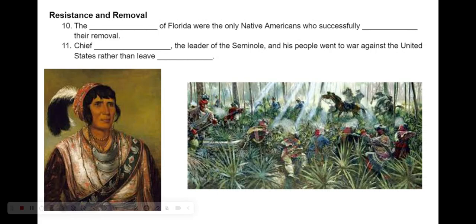So, resistance to the removal. The Seminoles of Florida were the only Native Americans who successfully resisted their forced removal, and thus were able to stay. Their leader, a man named Osceola, led the Seminoles and his people to war against the United States rather than leave their home state of Florida.